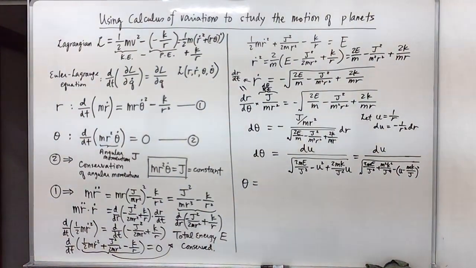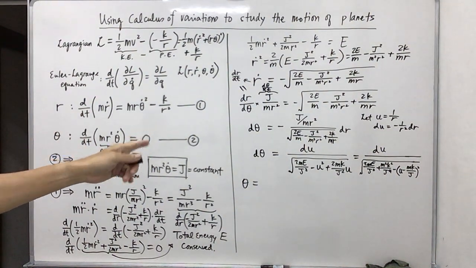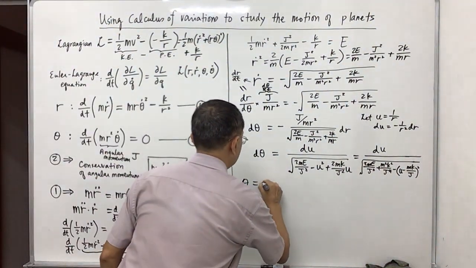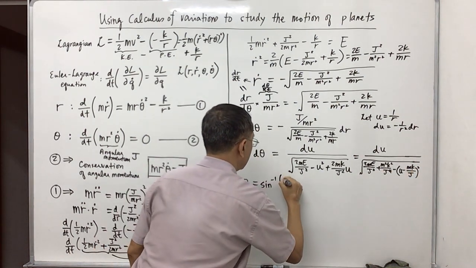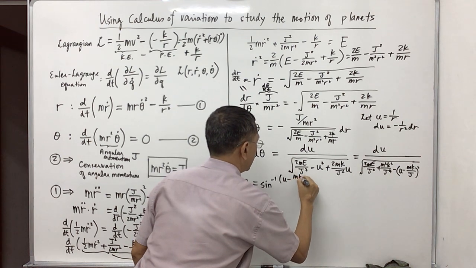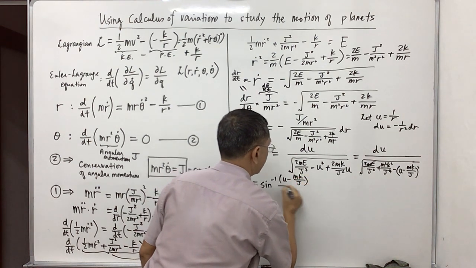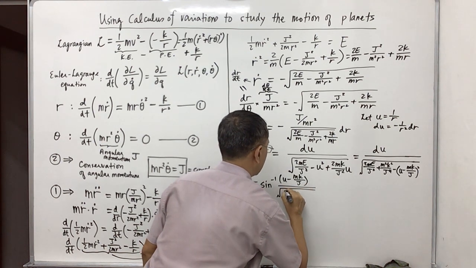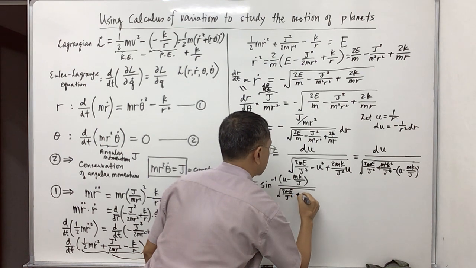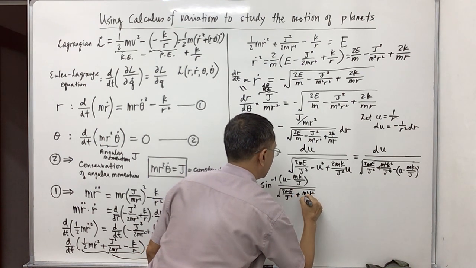So theta will be, and I said that will be the sine inverse function, so sine inverse of this whole block, u minus mk over j, divided by the square root of this whole block, square root of 2me over j squared plus m squared k squared over j to the fourth.